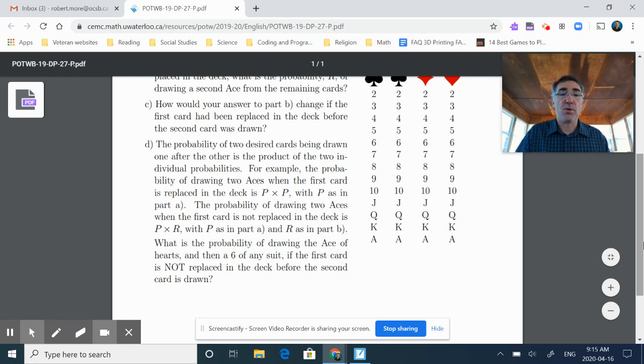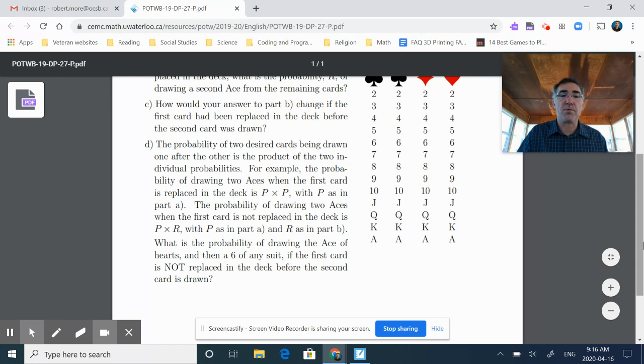So for example, the probability of drawing 2 aces when the first card is replaced in the deck is P times P, as P being used in the part A question. Again, differentiating between which question we're dealing with. The probability of drawing 2 aces when the first card is not replaced in the deck would be P times R. So again, what's the answer from A times the answer from B in lowest terms?